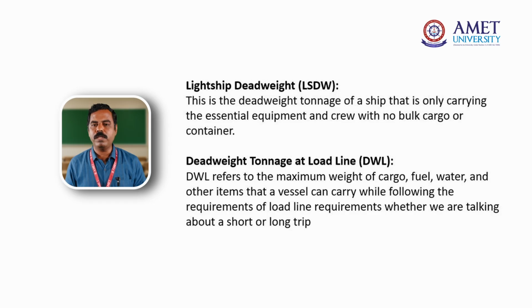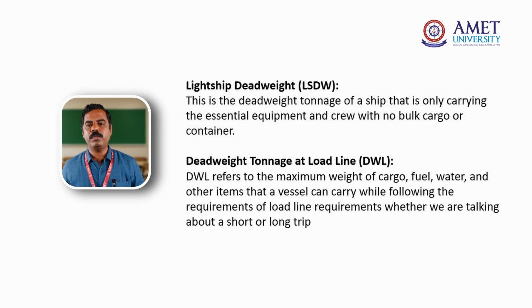The total weight of the vessel is divided into two: the light ship weight of the vessel and the dead weight items of the vessel. The light ship weight items are constant, like steel weight, machinery weight and outfit. They remain the same throughout the lifetime of the vessel.